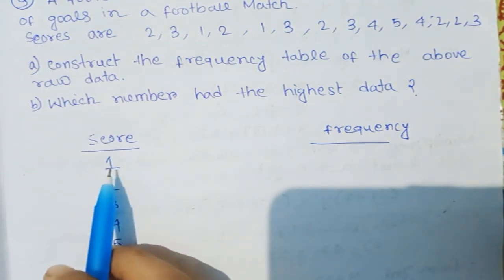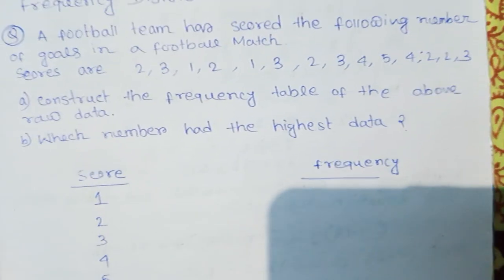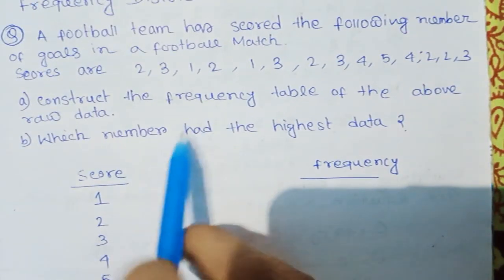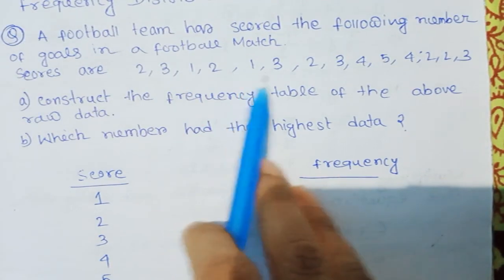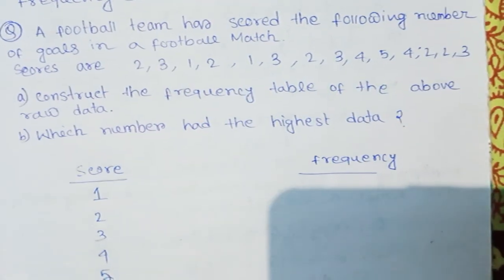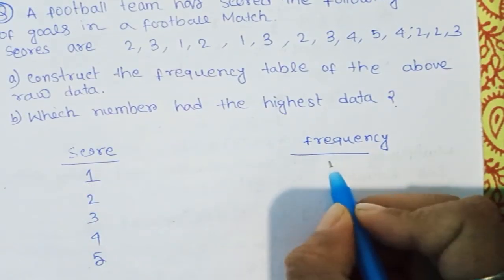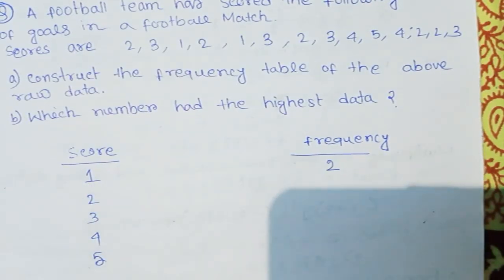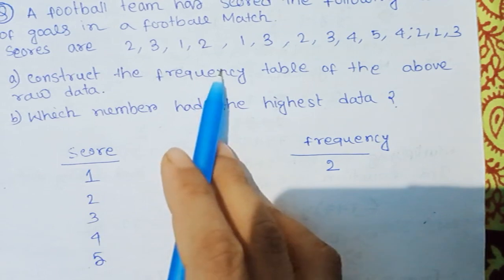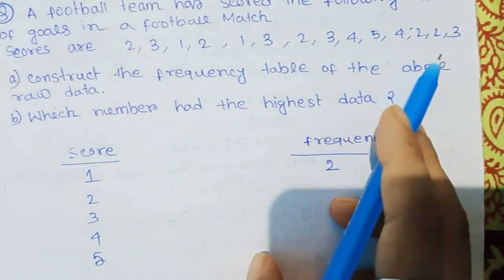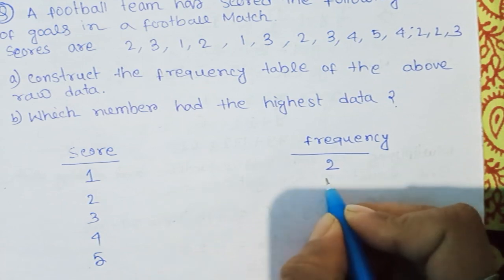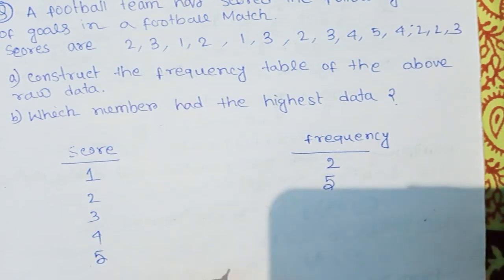So 1, how many times does 1 occur in the data? 1, 2, only two times, so the frequency will be 2. Again, 2 goals, how many times? 1 2 3 4 5, so this is 5.